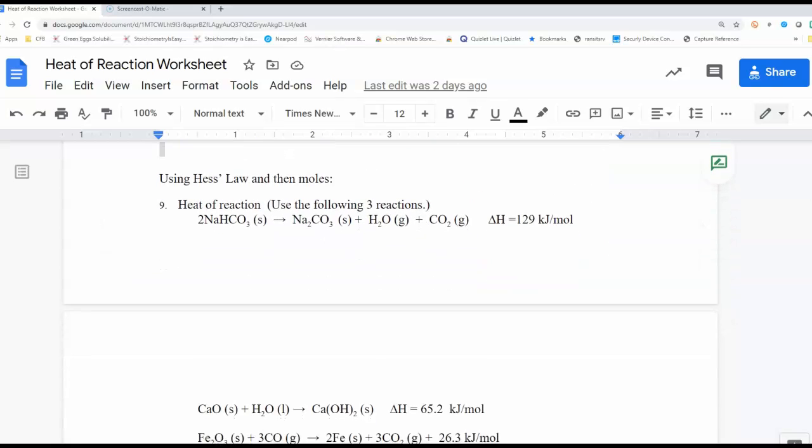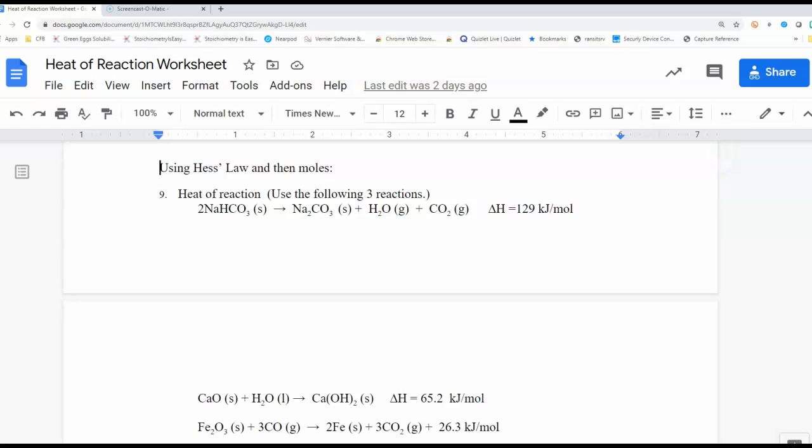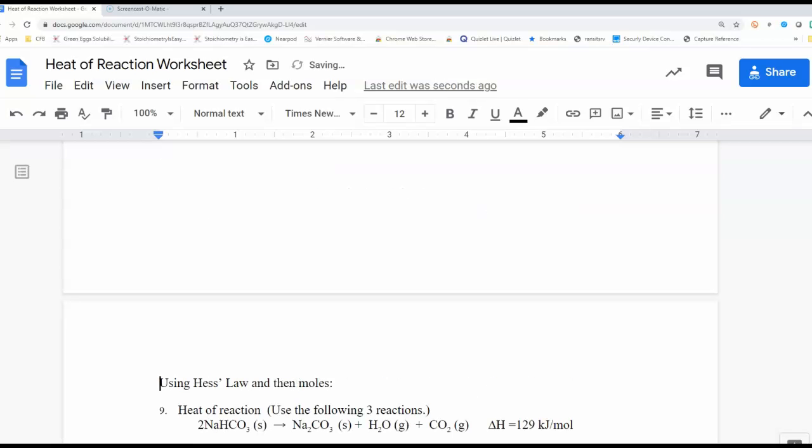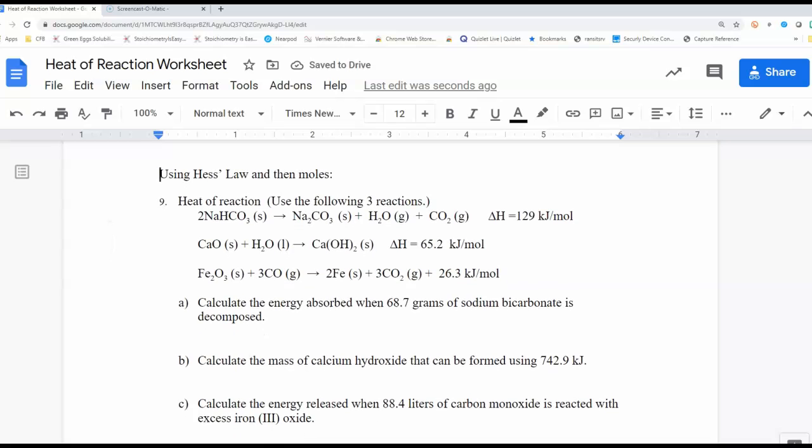Okay, so let's go on and look at Hess's law. What I'm going to do is fix this so that it's all on one page, and then move the page up here. Okay, so here we have a heat of reaction that is using these 3 reactions.